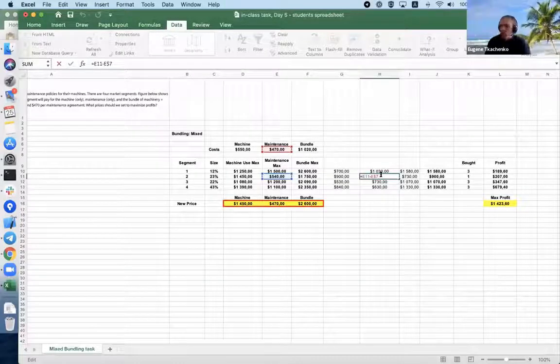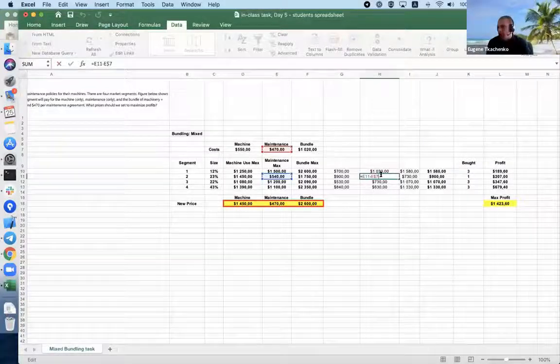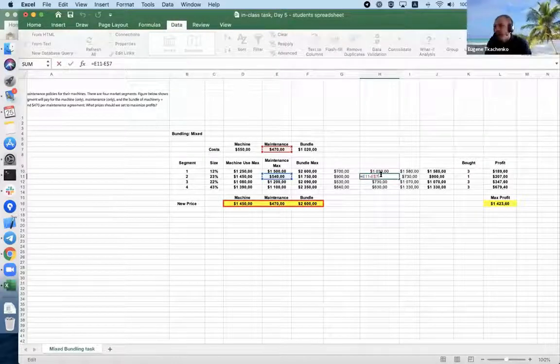But what else you can do, in fact, is try adjusting the prices based not on the cost from the top, not from row number 7, but change your formula to row 16.